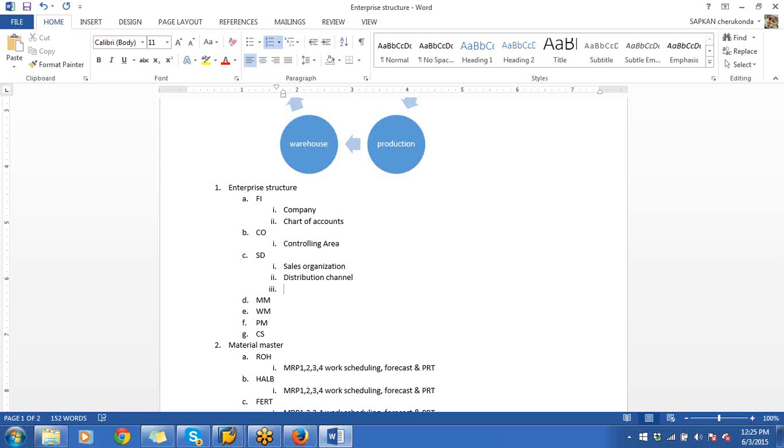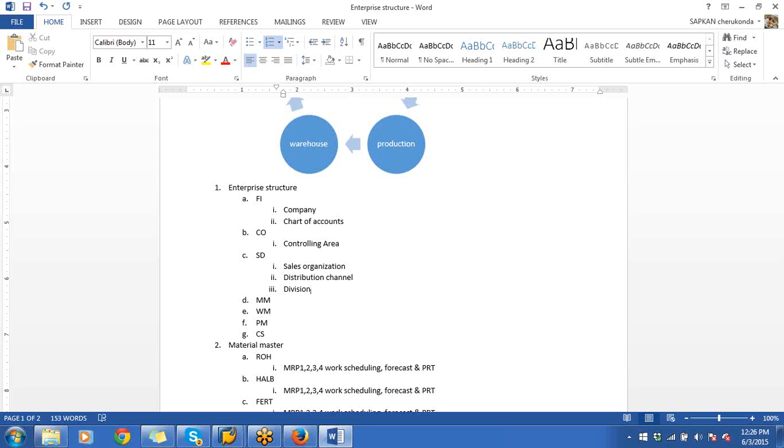Then you have division. Division talks about a family of products. This particular division is only going to make room air conditioners. This division is only going to make window air conditioners. This division is going to make only residential window air conditioners, or commercial.